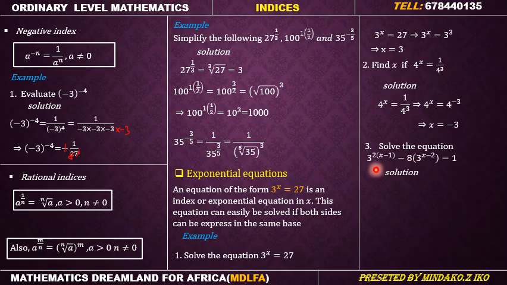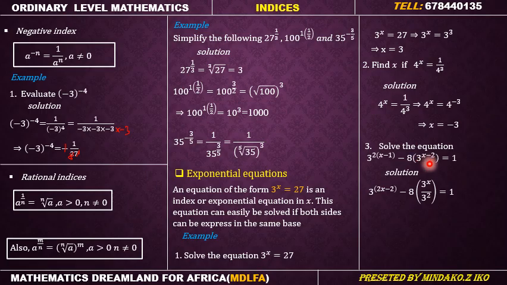So we have 3 power 2x minus 2. How did I arrive here? Let's go back. We have 3 power 2 multiplied by x minus 1, so I've just expanded the bracket: 2 multiplied by x gives 2x, and 2 times negative 1 gives negative 2. Now, here we apply the division law of indices.